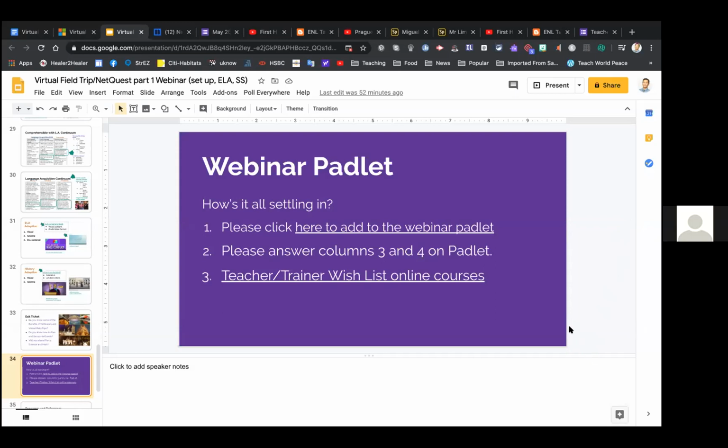Let's see. There are so many ways, so many tools to create the content for students to explore. So one question is, how open-ended is it in terms of where your students go?